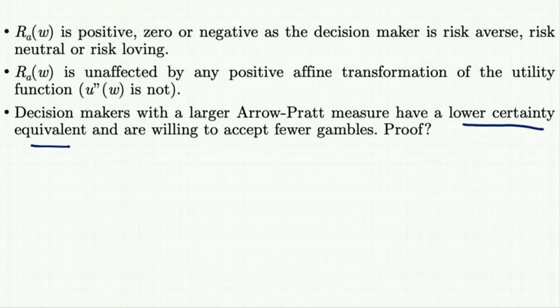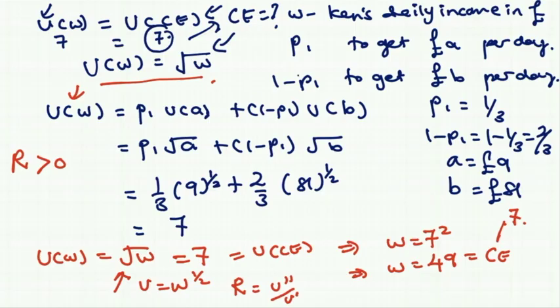And that certainty equivalent, if you go back to the exercise that we did earlier, you can see clearly that the utility is 7, isn't it?